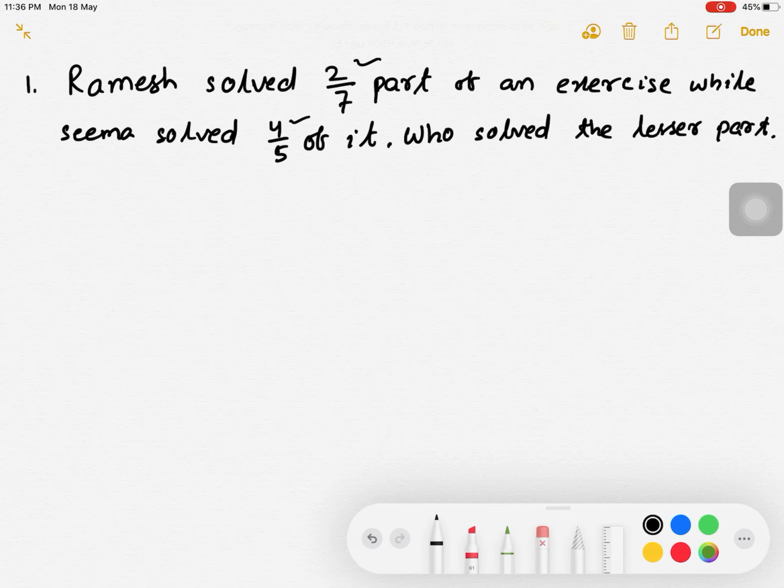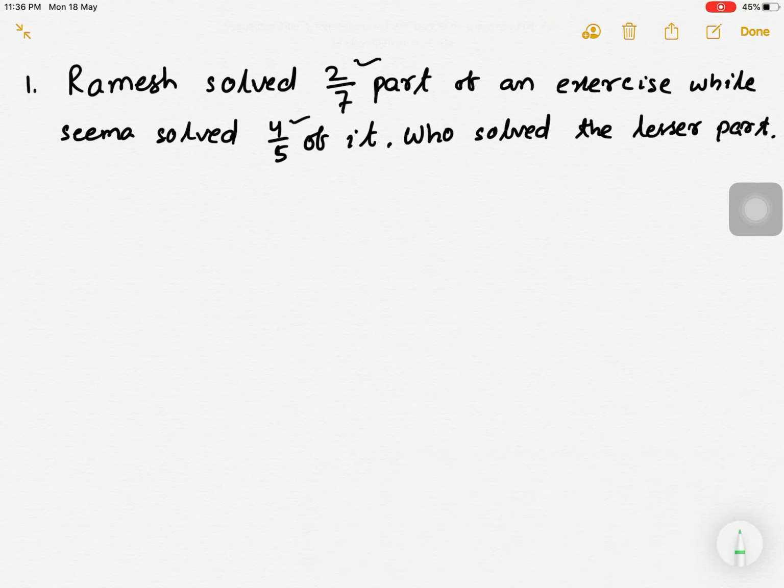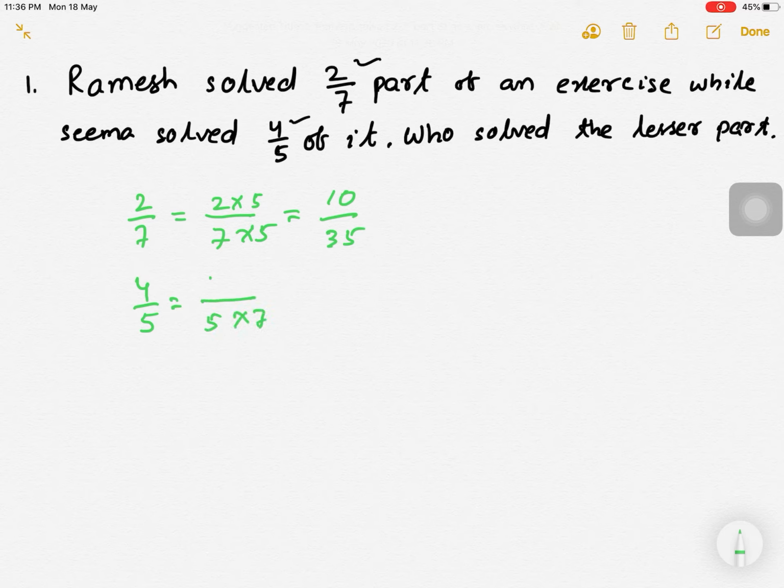And when we compare 2 by 7 and 4 by 5, I have to make them first like fractions. So 2 by 7 equal to 2 into 5 by 7 into 5, that is 10 by 35. Now 4 by 5 equal to 4 into 7 by 5 into 7, that is equal to 28 by 35.